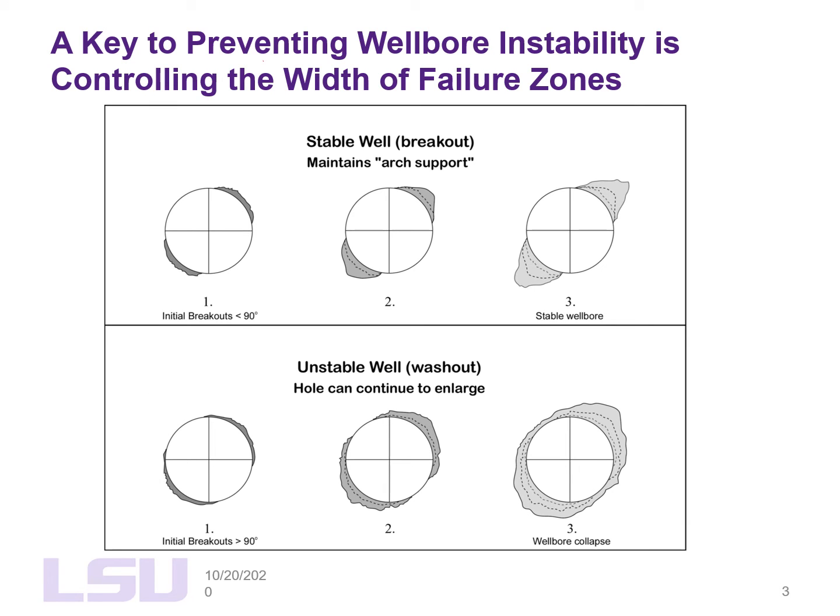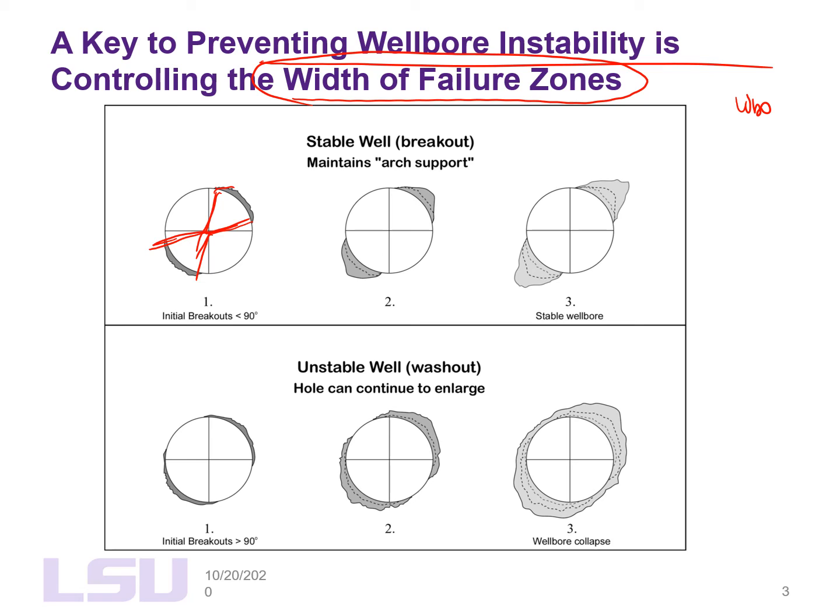So this is the key to preventing wellbore instability issues. It basically involves controlling the wellbore breakout width, which we talked about. So to avoid wellbore instability due to wellbore breakouts, that wellbore breakout width has to be less than 90 degrees, like you see here.